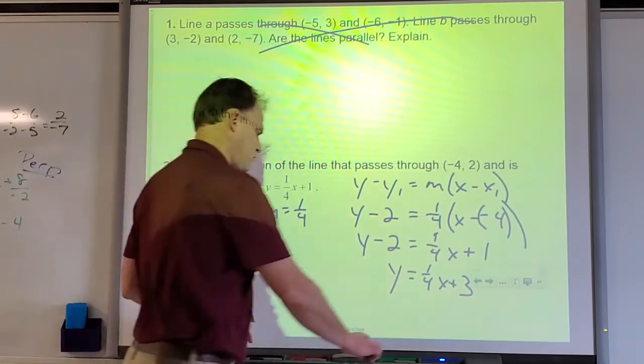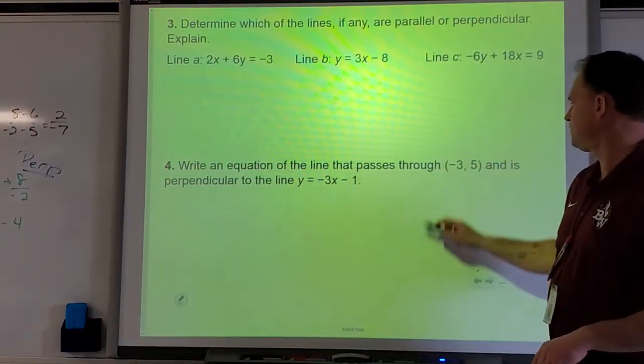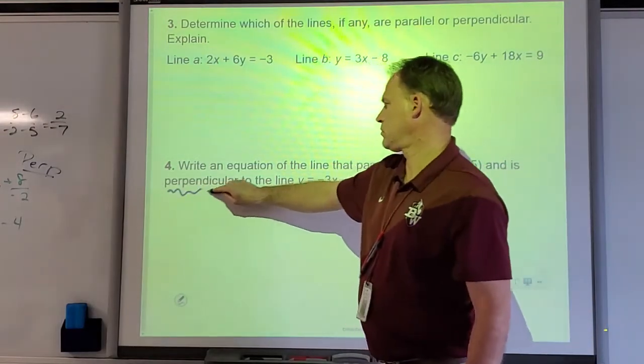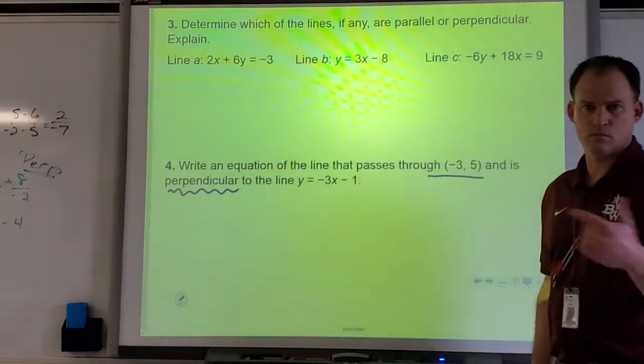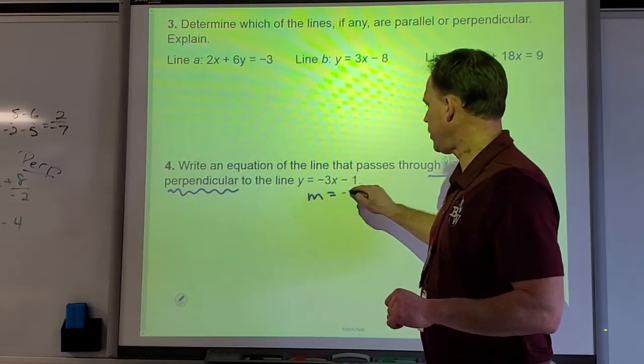Let's do one more. Do this one on your own. Okay, so what is the slope here?